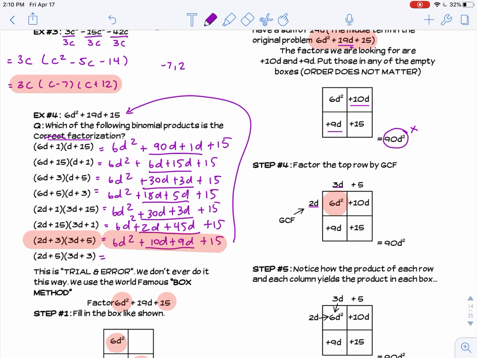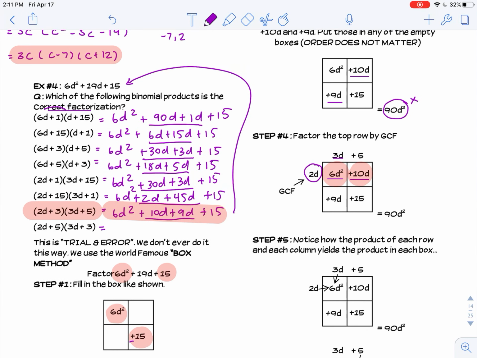The GCF of 6d squared and 10d is 2d. Now, 2d times 3d is 6d squared. How do I get 10d? Well, that's 2d times 5.